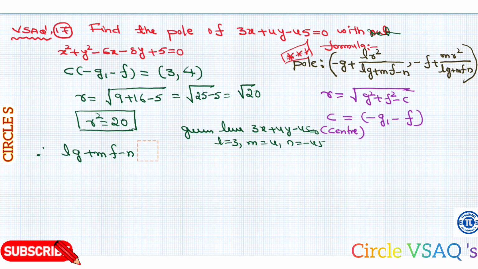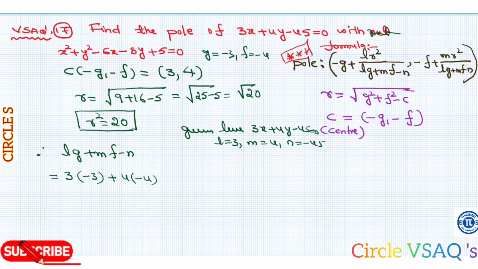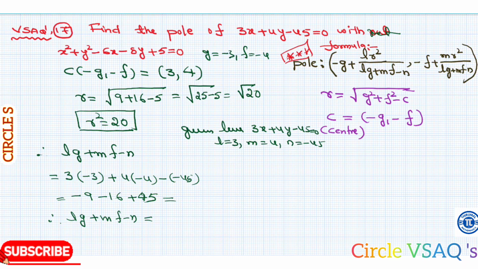So we write l value 3 into g, here g equal to minus 3, plus m equal to 4 into f value minus 4, minus n equal to minus 45. So it is equal to minus 9 minus 16, minus into minus plus 45. Then we get the value of lg plus mf minus n is equal to minus 25 plus 45, then we get 20.